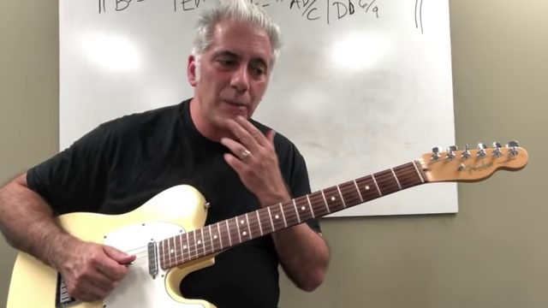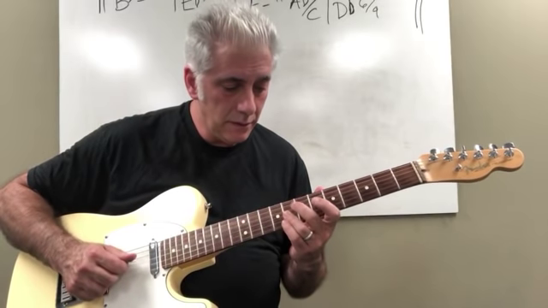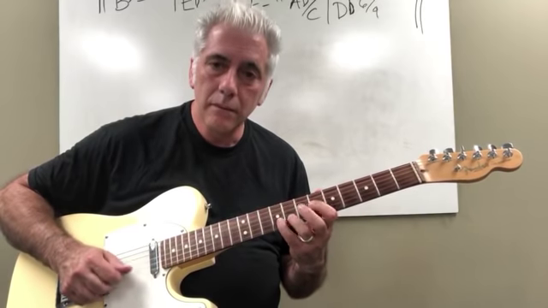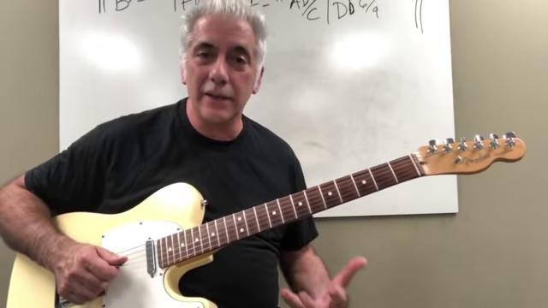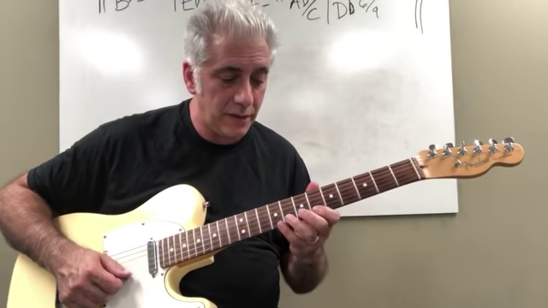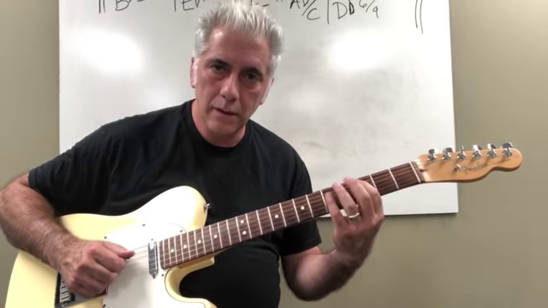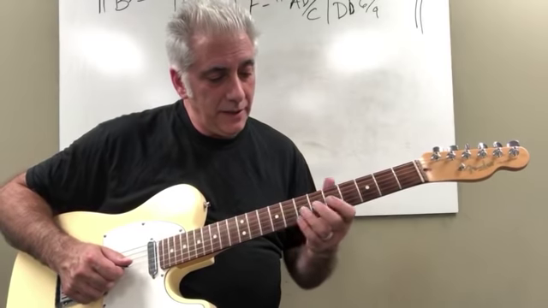Now I can do the same thing and use an E flat 7 chord. Okay, I can put a flat 9 in there to even give it more harmonic tension. Okay, I can put a sharp 9 in it if I want.